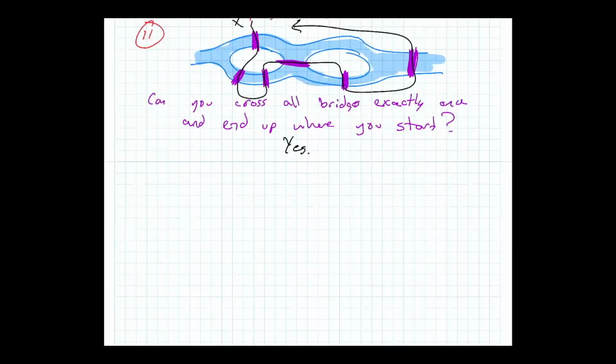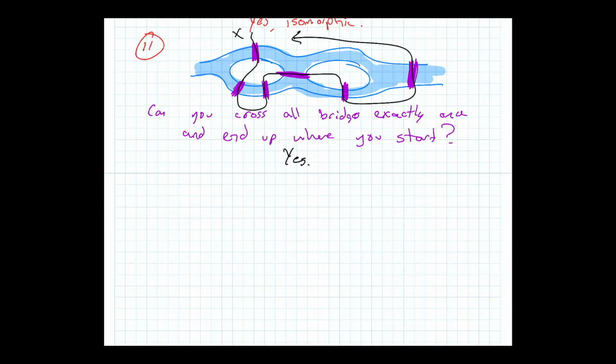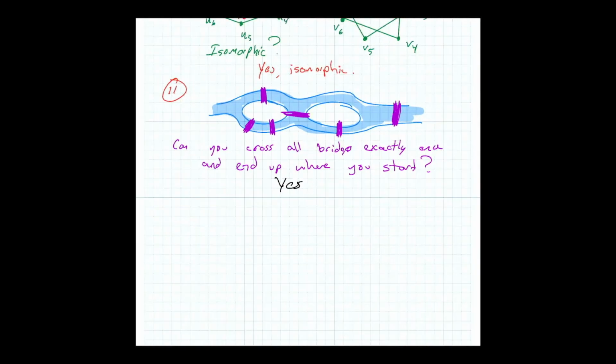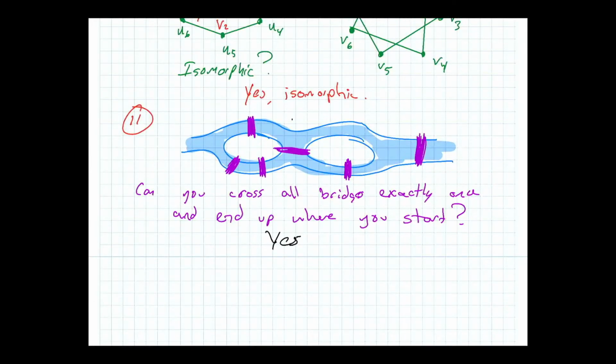So if you do this with graph theory, every piece of land is a vertex. So this side is a vertex, call it A. This could be B, this could be C, and this could be D, and that's it.